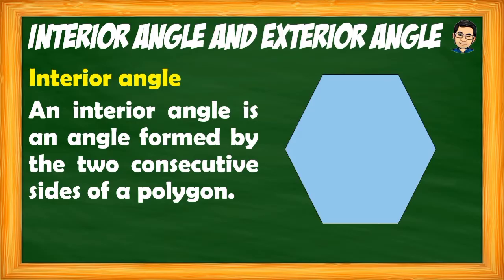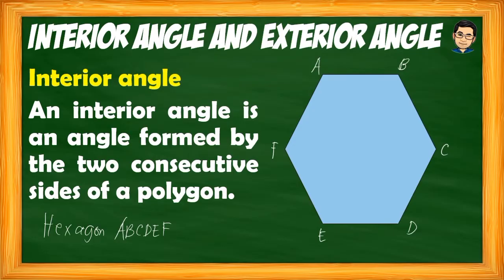Okay, pangalanan po natin yung ating hexagon, A, B, C, D, E, F. Make sure, kapag niname natin yung mga polygon, kailangan po consecutive vertices. Ibig sabihin, magkakasunod dapat.